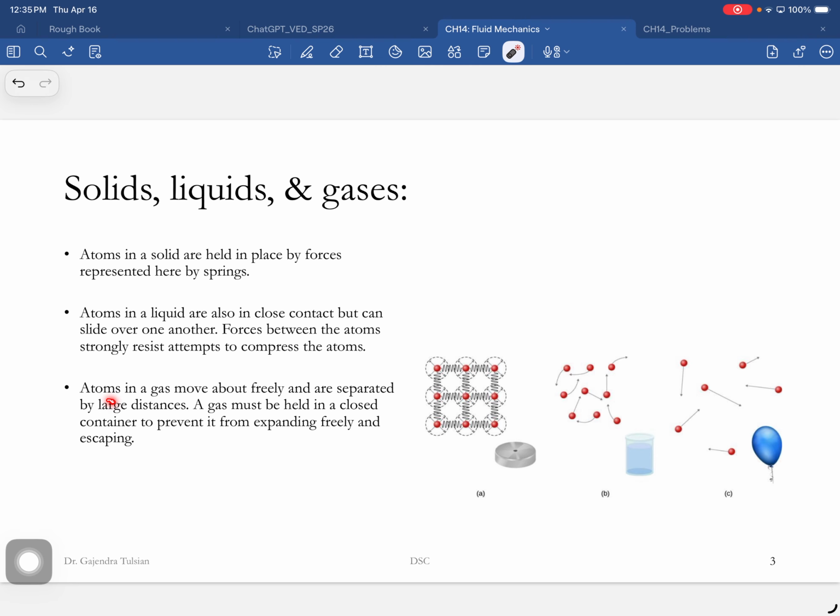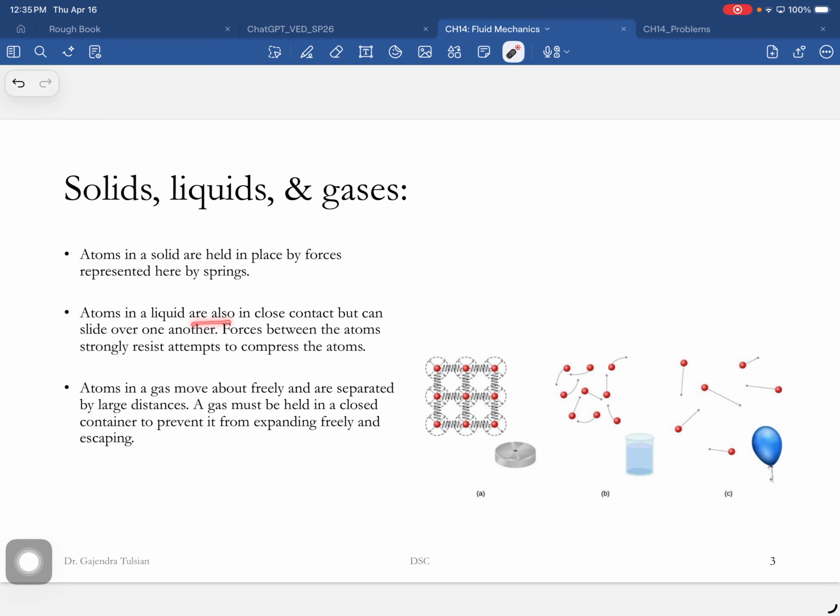So in a solid, the atoms are in fixed locations. So you can come back 10 years from now and that atom will still be there. In a liquid, if you tag a molecule, it's continuously moving. 3 seconds later, you don't know where it is. Okay. Similarly in a gas. So atoms in a solid are held in place.